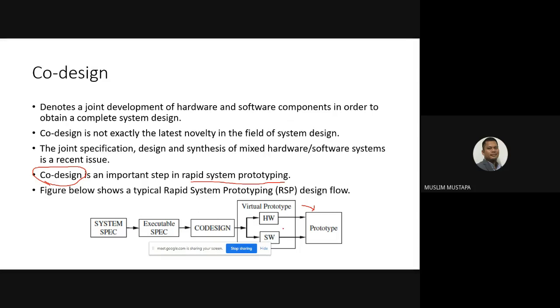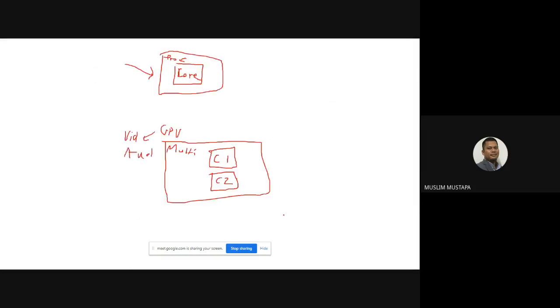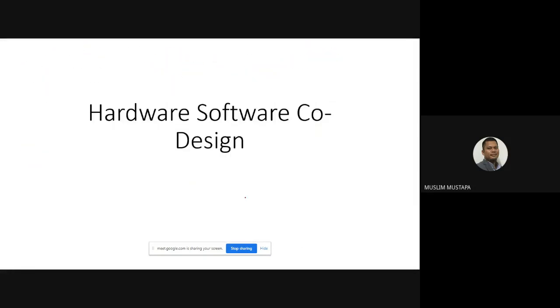So you go into the hardware and software design, determine the things, and go into prototype. When you put it into prototype, you find out there's a bit of delay in the video or in the audio. The sound is not that good. Then you go back into the co-design process, do some changes, go again to prototype, and then do the testing. This is what they call iterative.